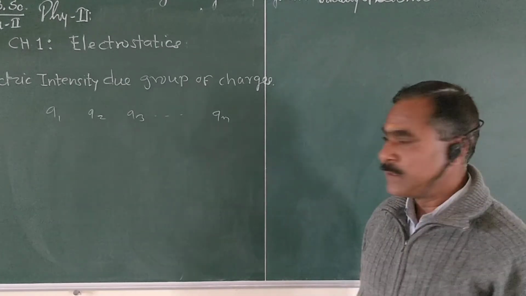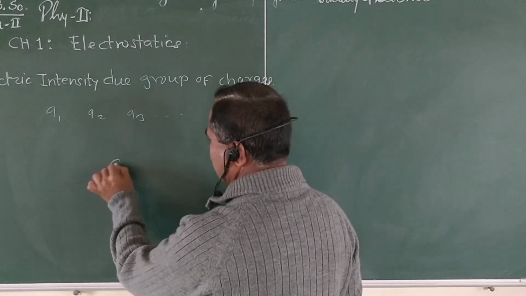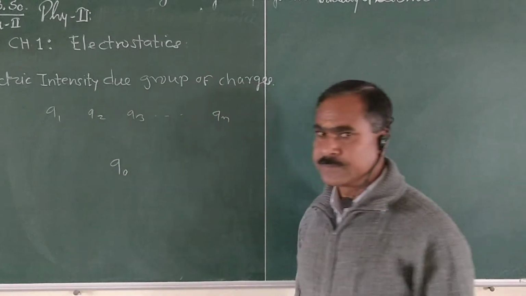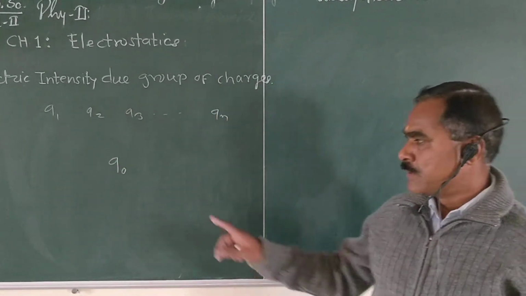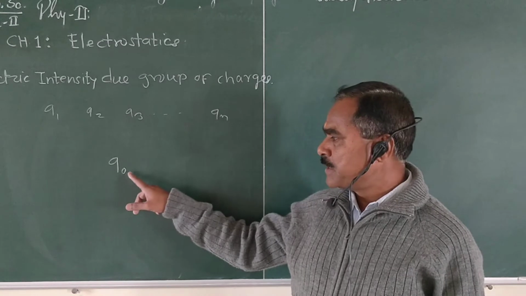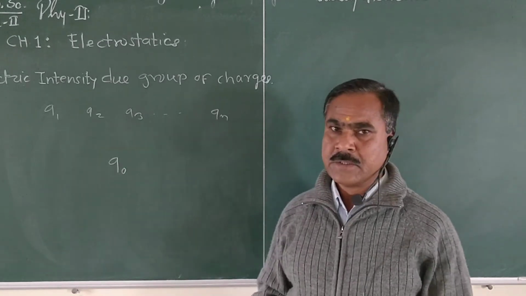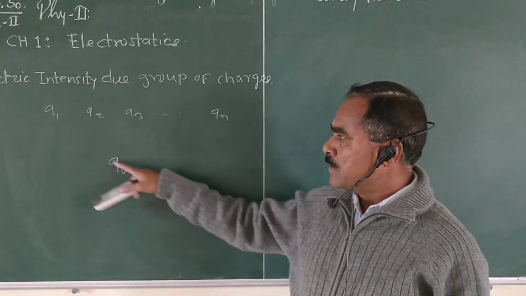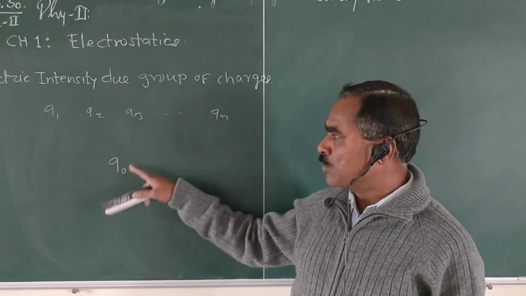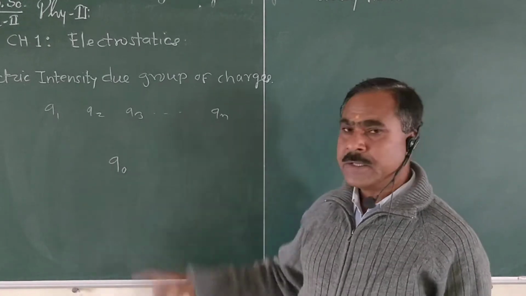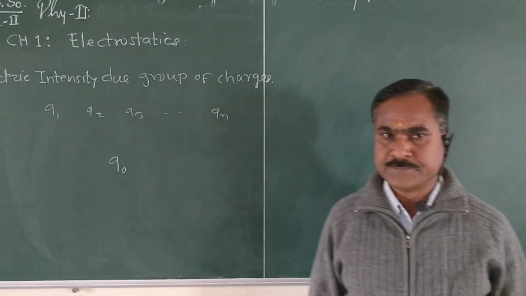Then we consider a test charge Q naught. The distances of this charge Q naught from Q1, Q2, Q3 up to Qn we take as O1, O2, O3 up to On.